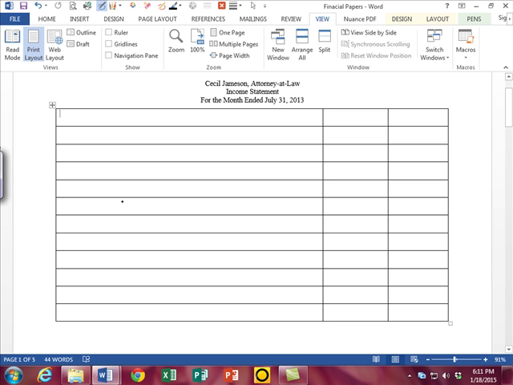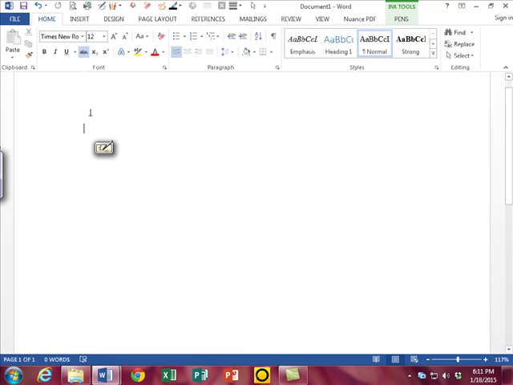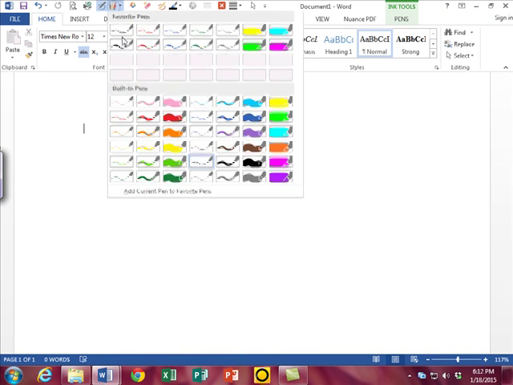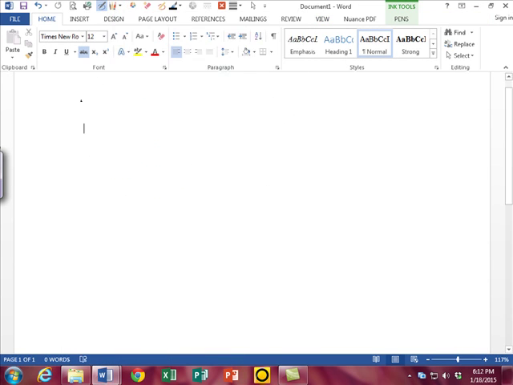The first financial statement you're going to build is an income statement. On an income statement, revenue minus expenses equals a net income or a net loss.